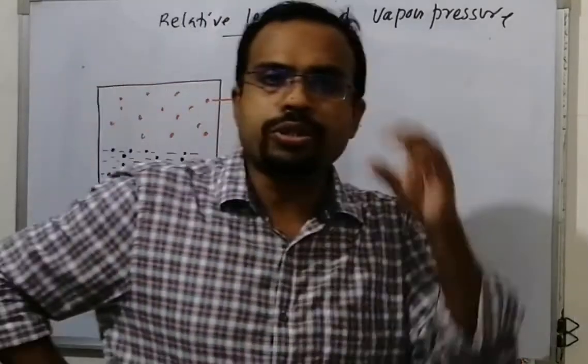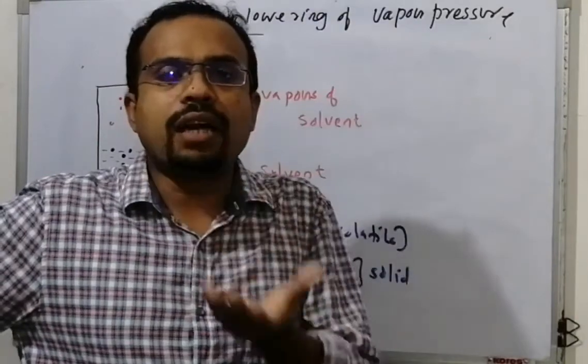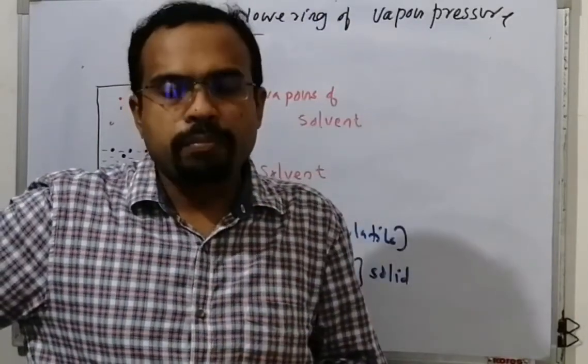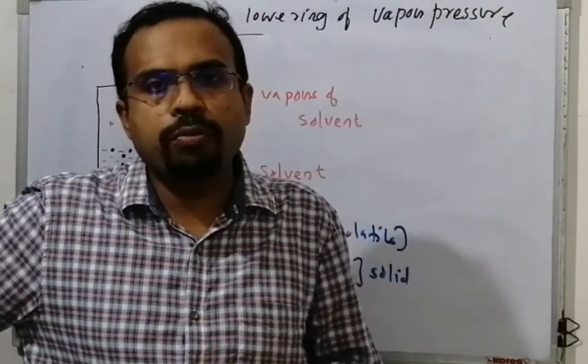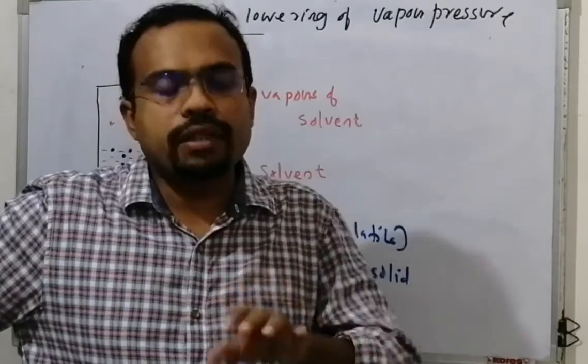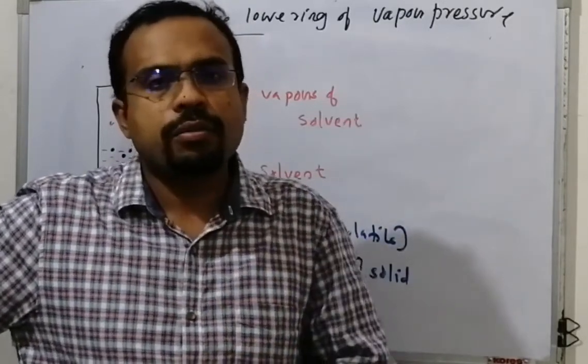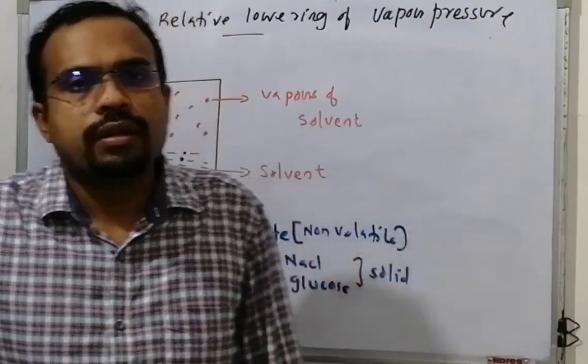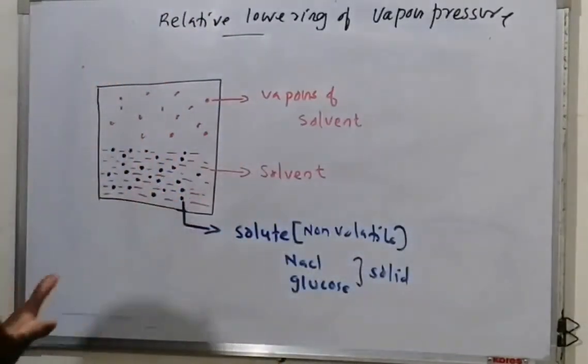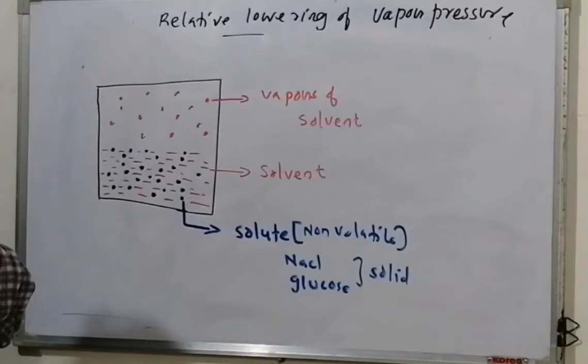Example is salt solution. You take the salt solution and keep it in a bottle. Suppose it is an open bottle, the water will evaporate, and finally you will get the salt there, because salt will not be vaporized. Imagine such a case.